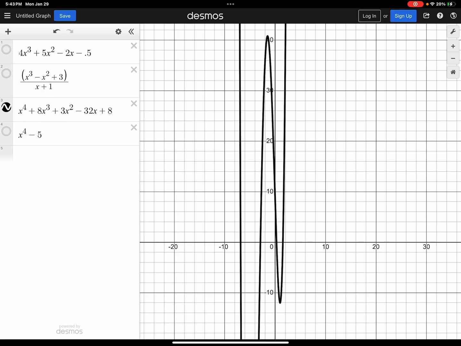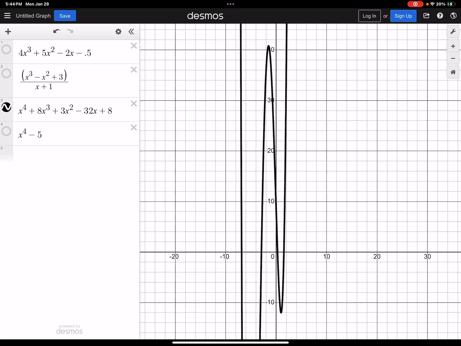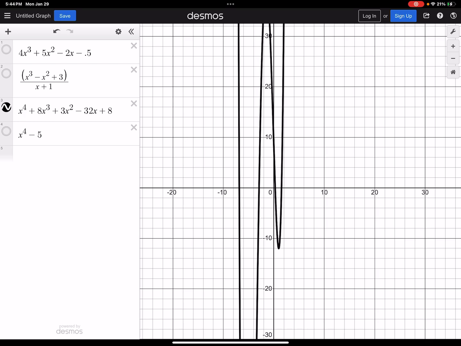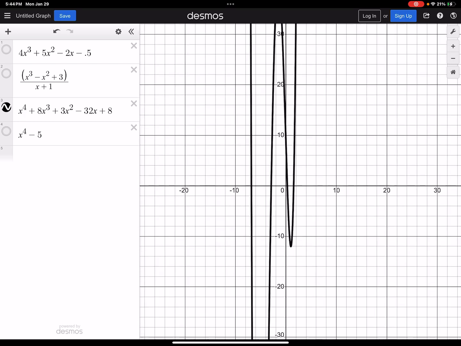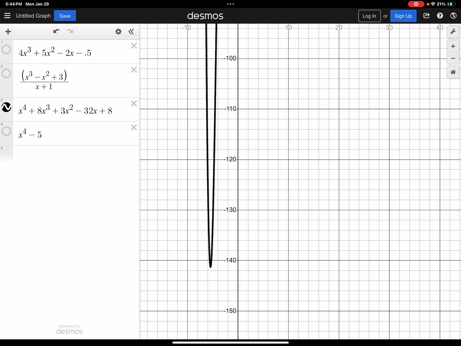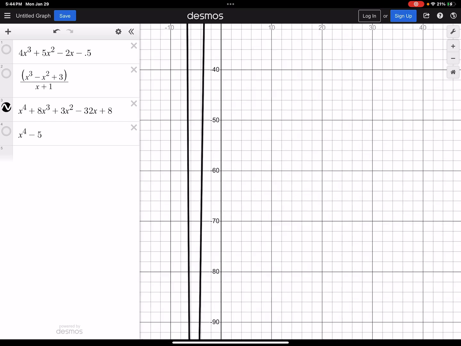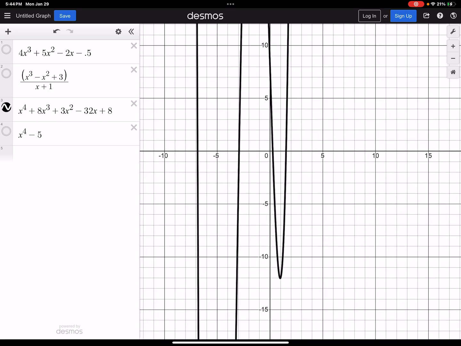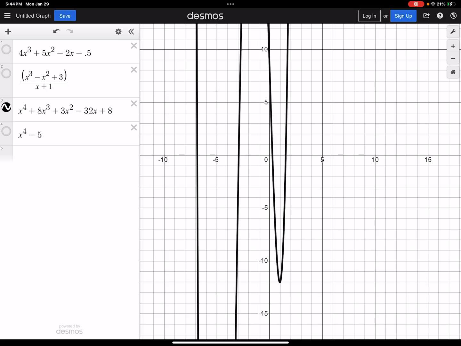But as you can see, we have a turn up there around 40, a turn down here around -10, and then further down around -140, we have another turn. So there's a quartic with 4 turns, and it also has 4 x-intercepts, and so there are 4 solutions.